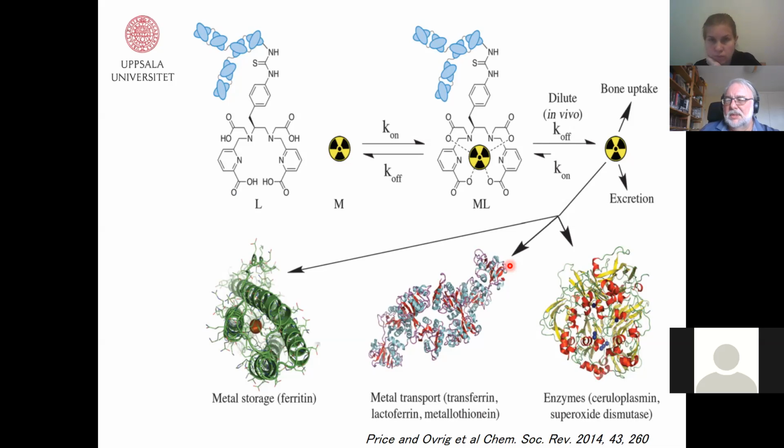It can be taken up by metal storage systems, and in liver we have several metal storage proteins such as ferritin or ceruloplasmin, or it can bind to metal transport protein and stay for a long time.